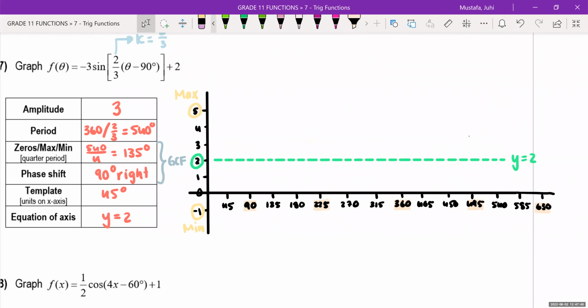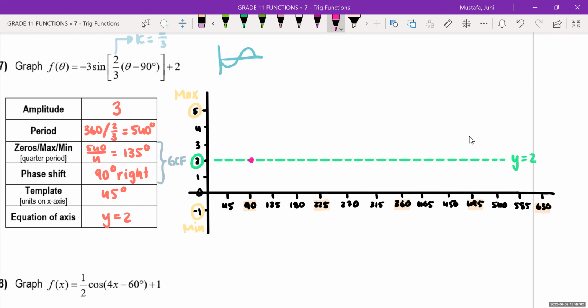A graph of negative sine is going to look like this. So what we're going to do is start at the equation of axis, but also move over 90 degrees to the right. So 90 degrees to the right and start at the equation of axis. Then we're going to move over to the next quarter period.